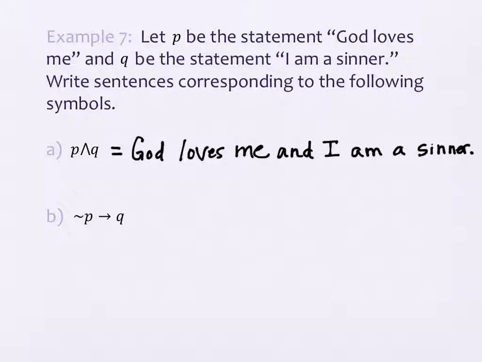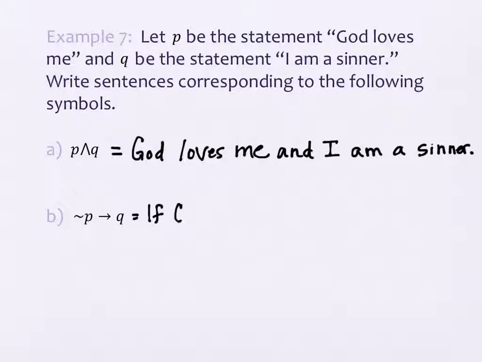All right, let's take a look at the second one. The second one is an if-then statement, right? How do I know? It has the arrow. So the statement's actually going to start out with the word if. And then I've got tilde P. Right.